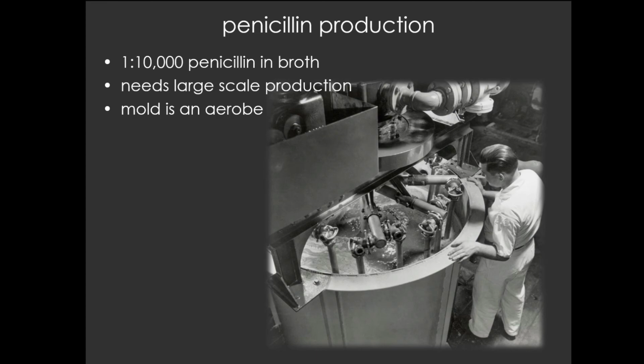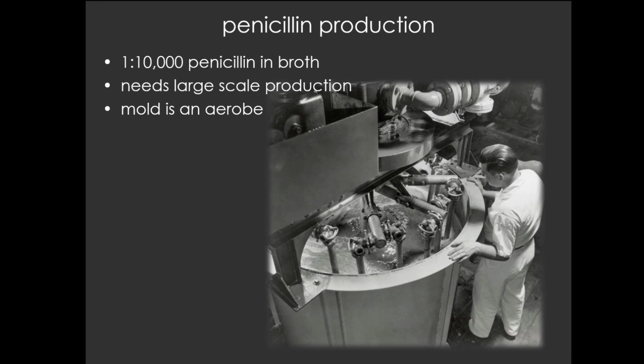who worked along with a 16-year-old assistant named Jasper Kane to up the production of penicillin after its discovery in the 1920s so that it could be used in order to protect Allied troops during World War II. And the problem with penicillin is it's finicky, it's difficult to grow, and even when you produce penicillin, there's about a 1 to 10,000 ratio of penicillin to the broth.